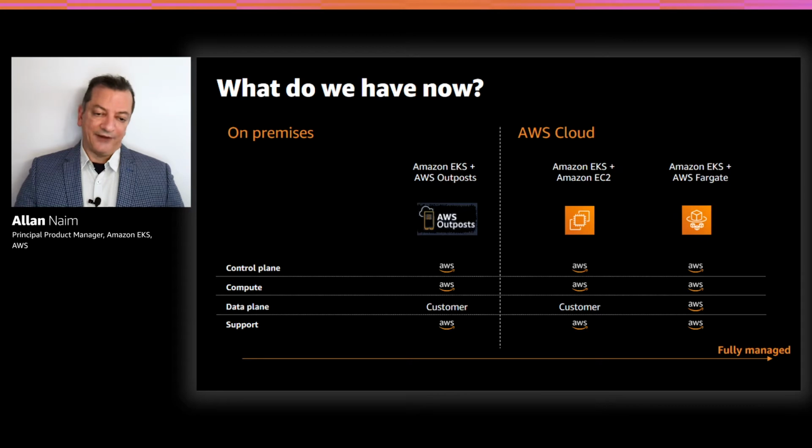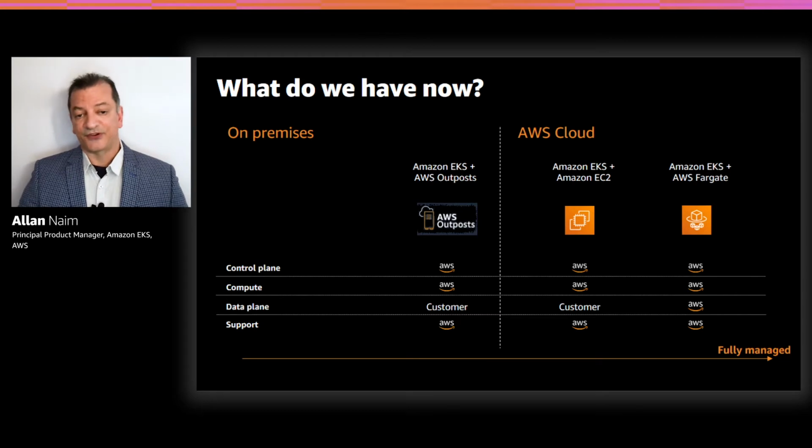Now, over to the left is Amazon EKS on Outposts for customers that run EKS clusters in their own data center on top of AWS managed infrastructure. In this scenario, we run and manage the EKS control plane in an AWS region, and the EKS worker node compute runs on the managed EC2 infrastructure on Outposts.